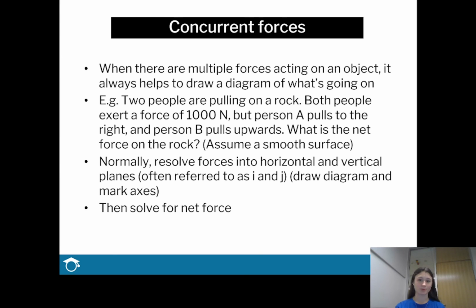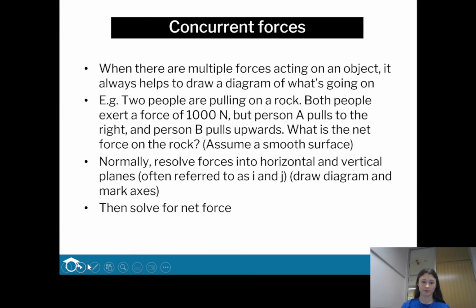Concurrent forces is also a dot point on your syllabus. So that's when there are multiple forces acting on an object, and they're all in different directions, and it's a little bit confusing. So for example, if two people are pulling on a rock and both people exert a force of 1,000 newtons, but person A pulls to the right and person B pulls upwards, so we have one right and one upwards. And then we need to find the net force, which is going to be this line here.